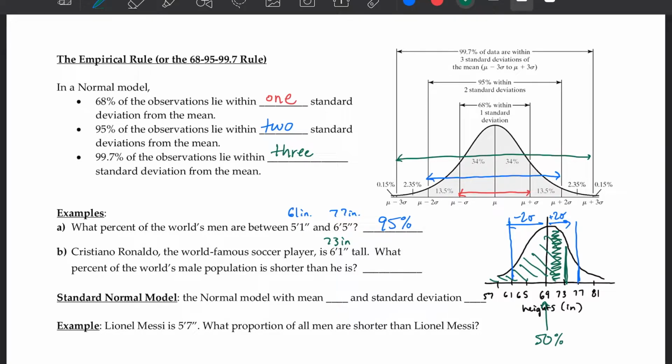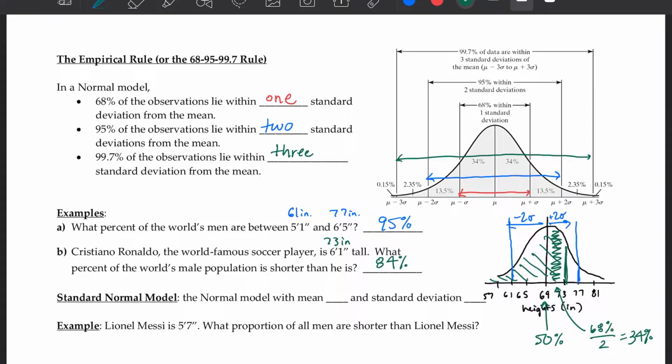So all I really need to think about is, well, what is all of this over here? And I can look up at the diagram up above to help me out with that, but I also know that one standard deviation gives us 68%, but I'm only looking at half of that, so that would be 34%. So in the end here, I'm going to end up with a total of 84% of all men are shorter than Cristiano Ronaldo.